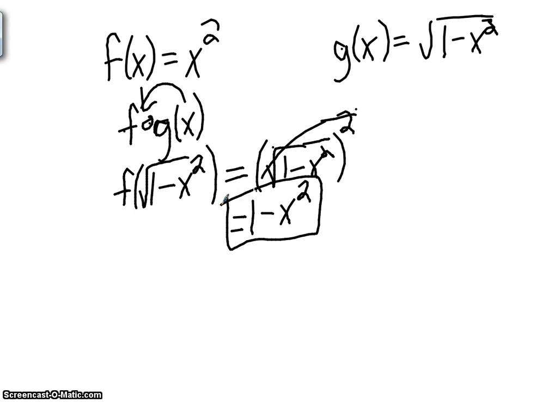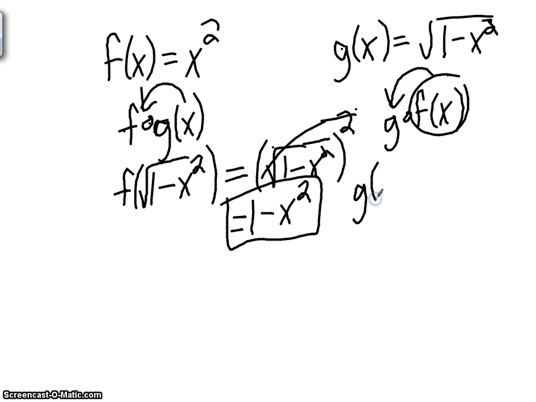Now if I'm looking at g composed of f of x this time, so the equation f of x gets plugged into the g equation, and I'll have g of x squared. Now whatever is in the parentheses gets plugged into the x right here.